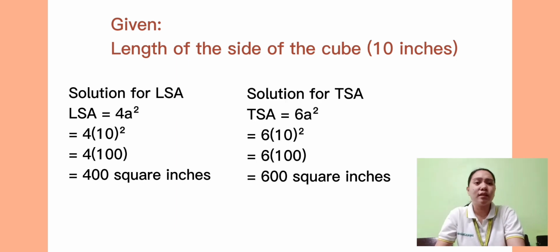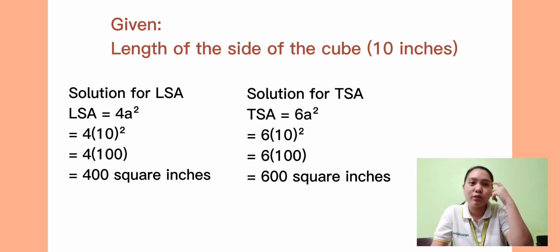And then to solve for the value of the total surface, the formula is 6a squared. So 6 is from the formula, since a cube has 6 total faces. Then a is the same as in the lateral surface, which we get from the given problem, which is 10 inches.